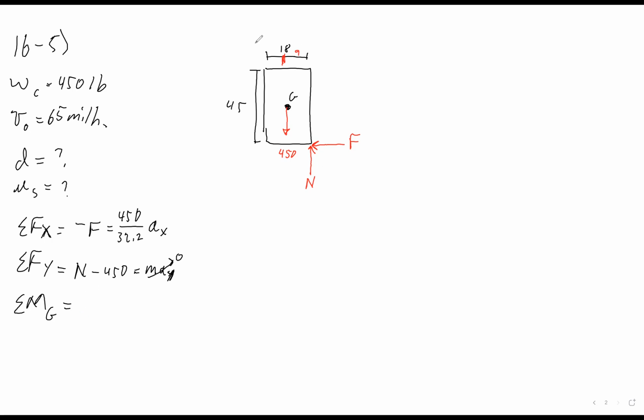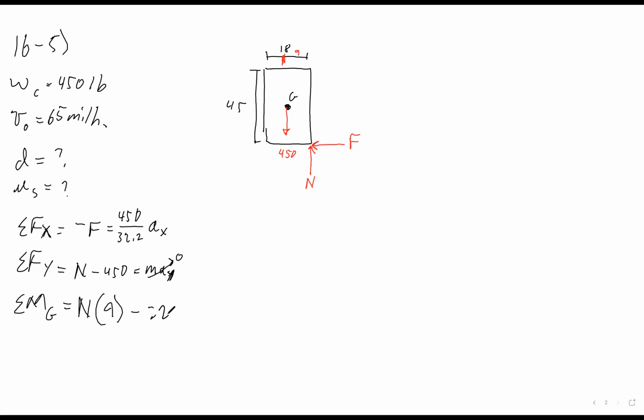Ignore the fact that I use red. Let's just go with this. Okay, the normal times the distance of 9 inches, minus, and you'll see why I put minus here in a second, the friction, which is going to be halfway down from the center. The center of gravity is halfway down the box, and the force is all the way at the bottom, is what I mean to say.